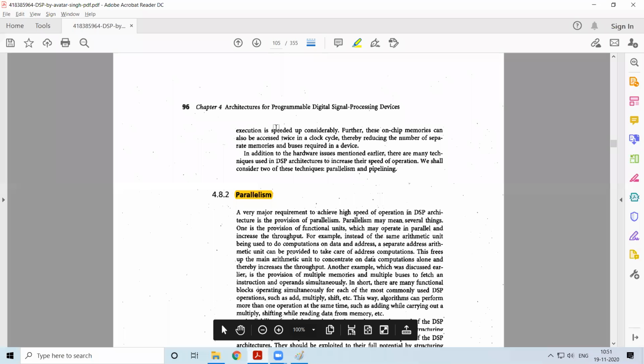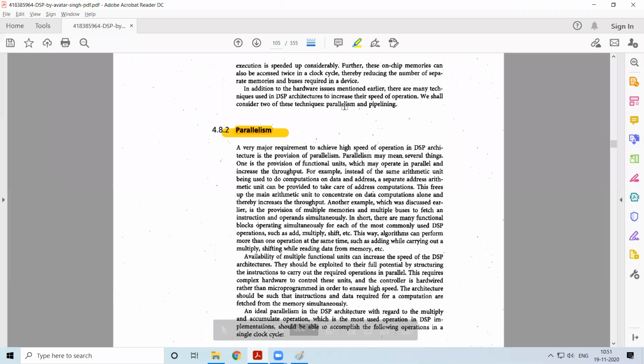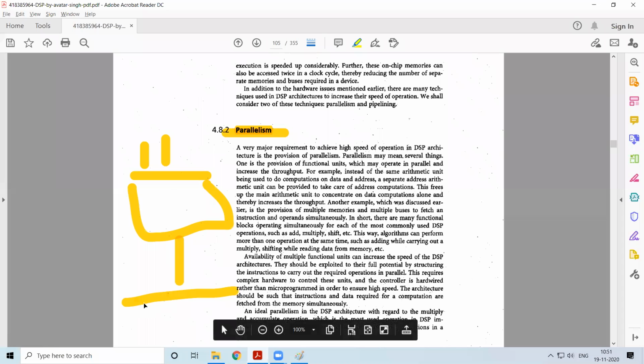Then, apart from that, we have parallelism. That is, if I'm able to perform multiple operations in one go, then it will be feasible. This question comes because in the MAC unit, two operands are given, they are multiplied and then given to the adder, and by that time the next one comes in.